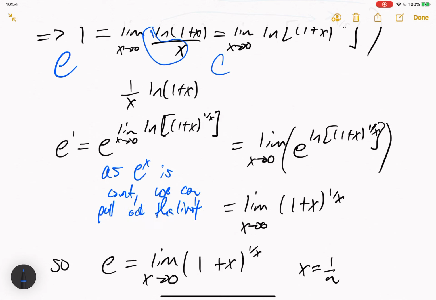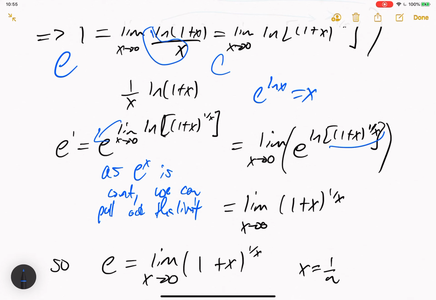I'm writing that just so you guys know and just to be kind of clear. Sorry about the messy handwriting, I'm just writing fast. So we can pull down the limit, bring it down. This is how we get to this step. And now what we can do is use those properties of logarithms that we like so much. E to the ln of x is just equal to x because they're inverse functions.